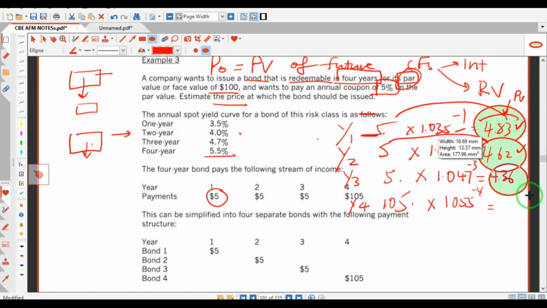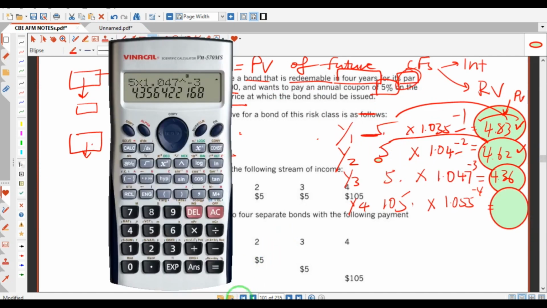This is the price you're going to pay to get $5 in year 3. And what is the price that you're going to pay today to get $105 in year 4? So you're going to multiply with 1.055 to the power of -4. You're going to get this figure.